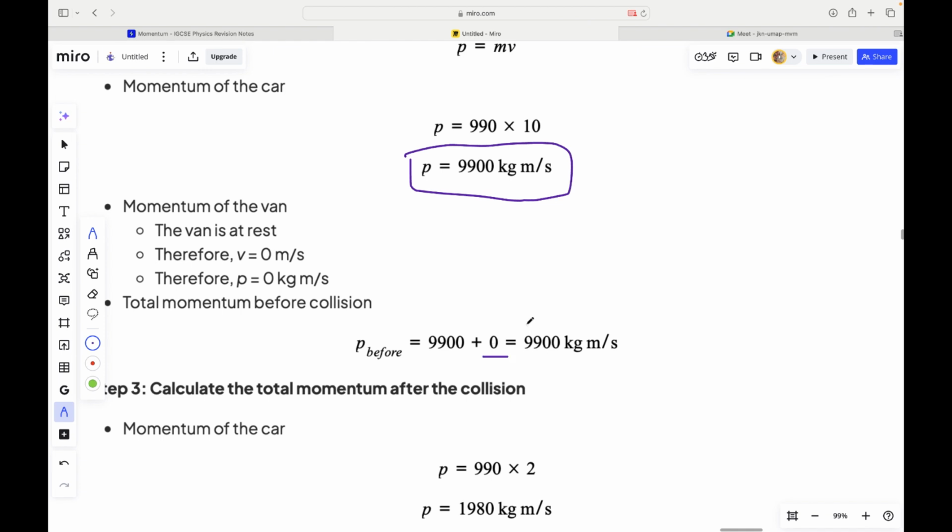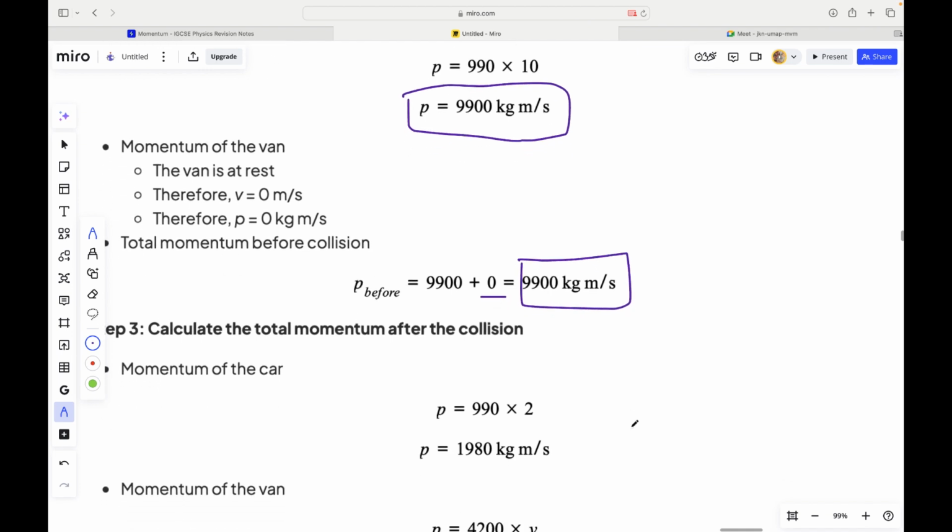So the total momentum before collision is what we have calculated.